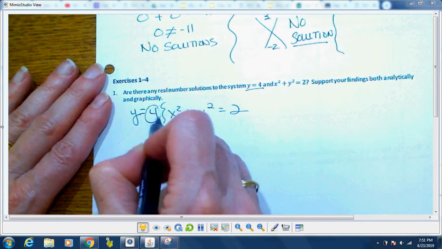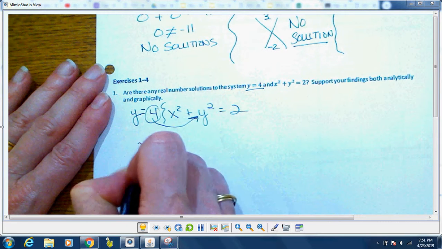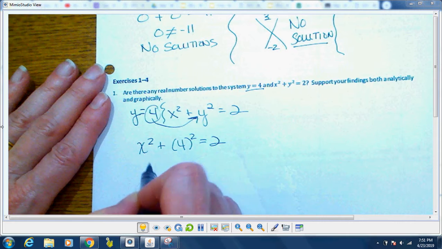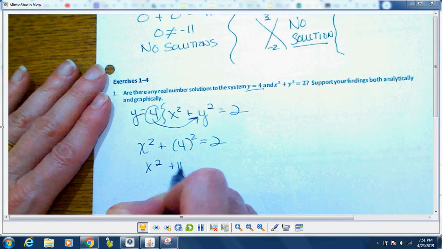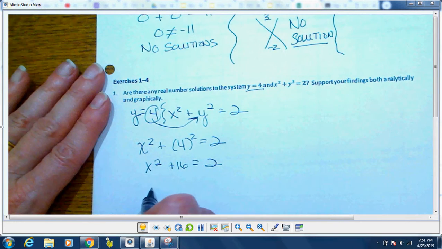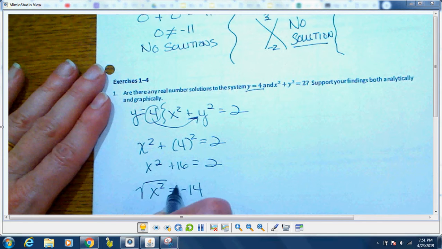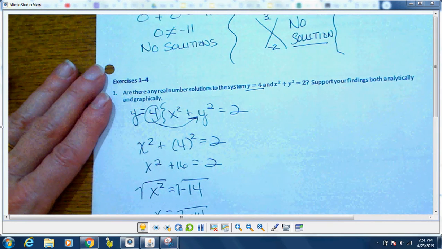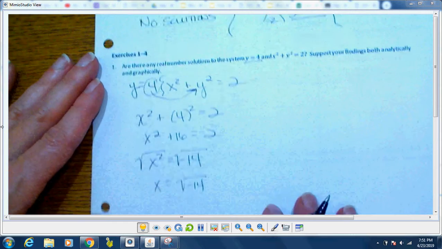So I'm going to substitute that 4 in there. So I get x squared plus 4 squared equals 2. x squared plus 16 equals 2. x squared equals -14. And then I just take the square root, so I get x equals the square root of -14. It doesn't appear to be a real solution.